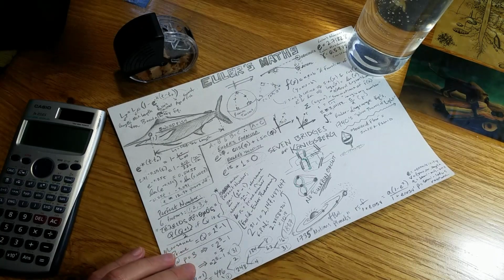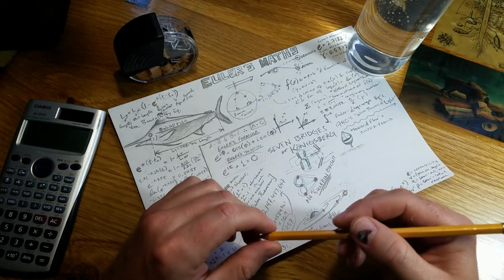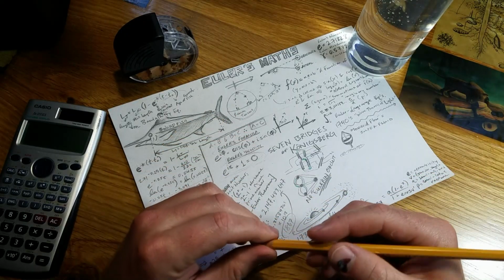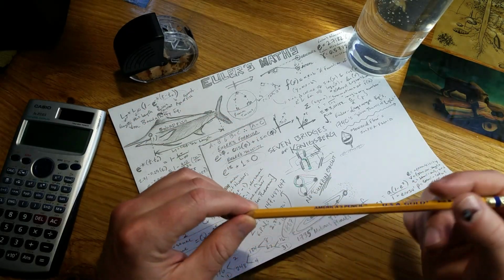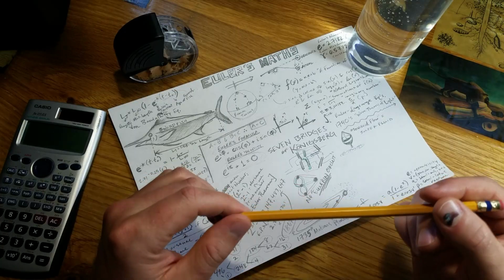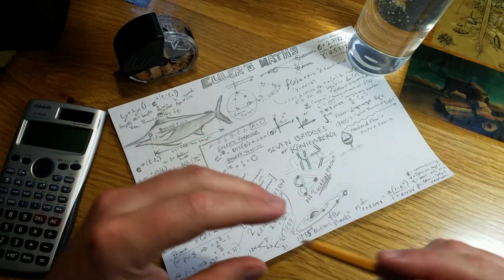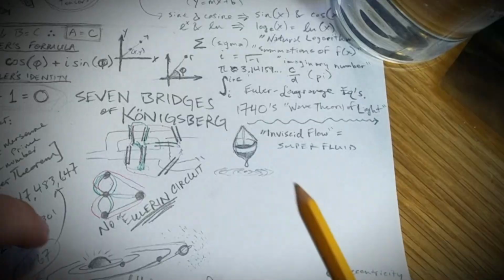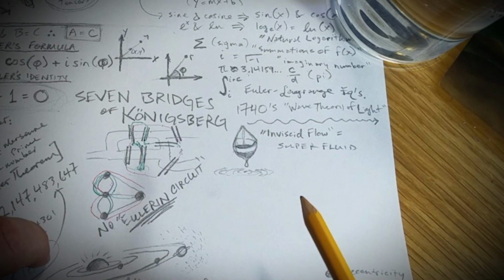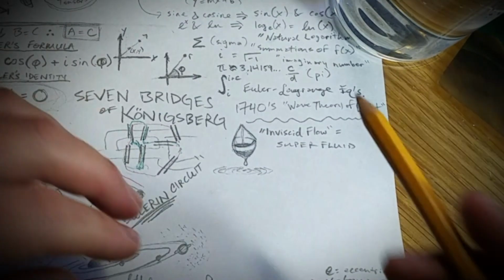The next is just a small but interesting contribution to the field of logic that Euler made. And it's the Venn diagram that we know.